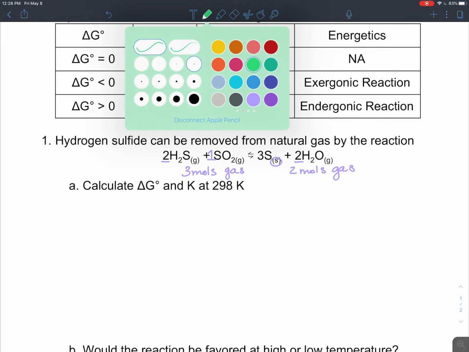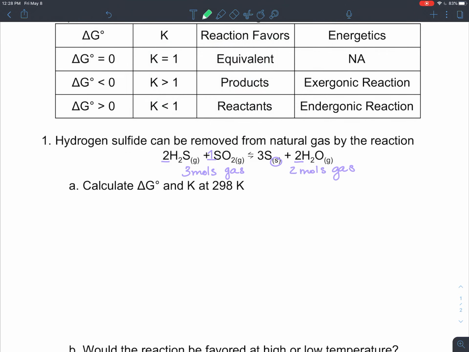Okay, so let's go ahead and come down and do some calculation work here. So delta G for this particular situation, we're going to go back and use some of those values that are in the appendix. So we're going to do the sum of the products minus the sum of the reactants. I went ahead and pulled those numbers already.